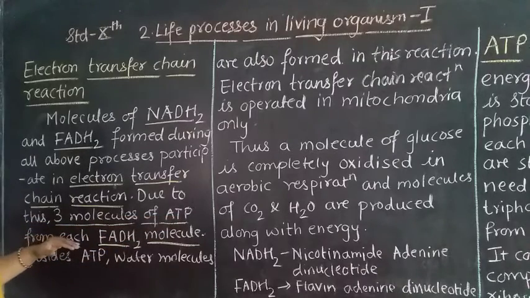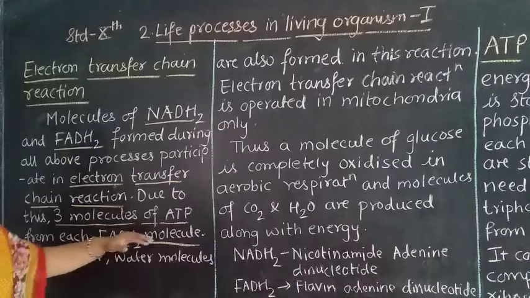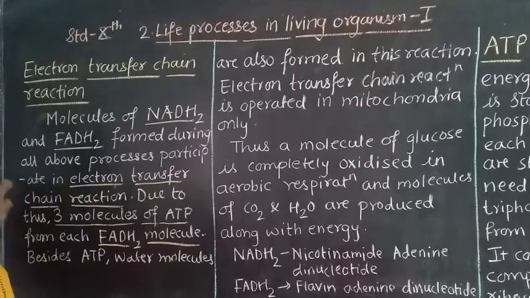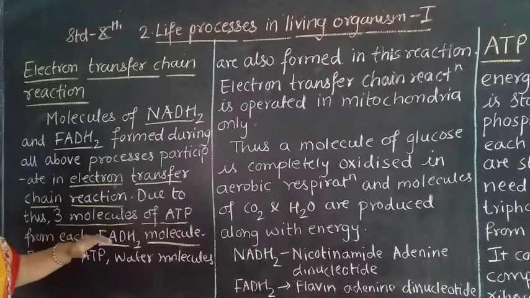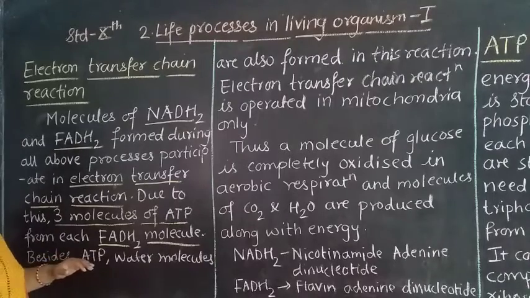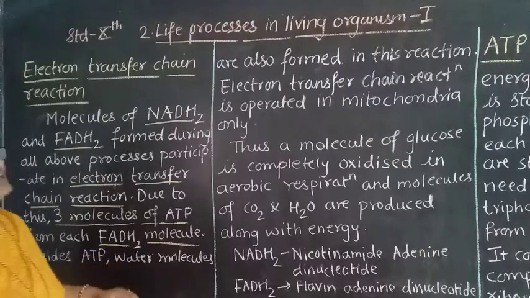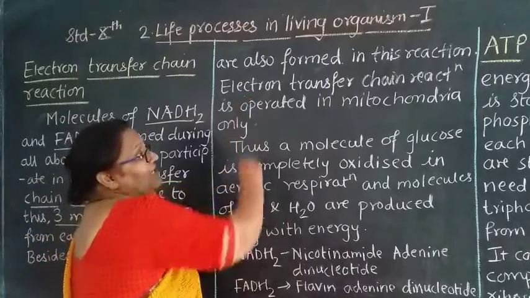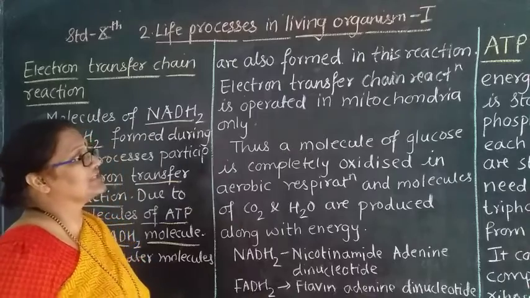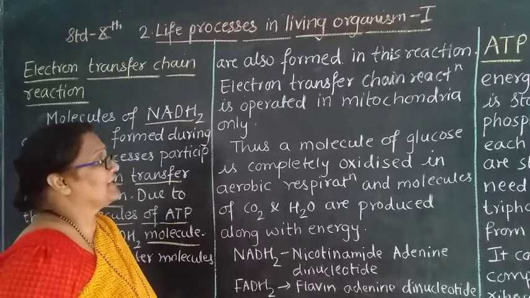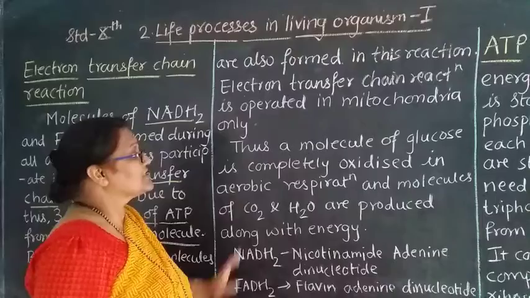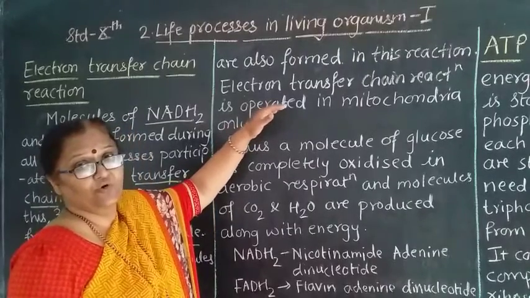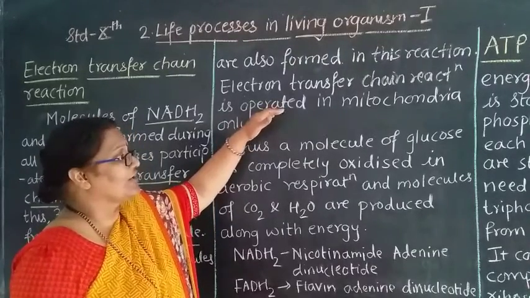Now the electron transfer chain reaction operates in the mitochondria only. So it takes place only in the mitochondria.